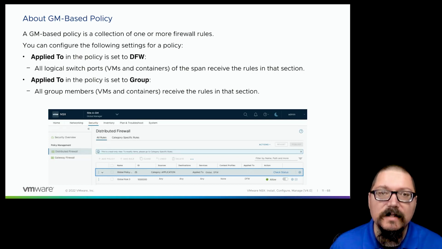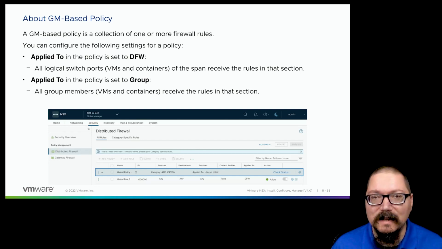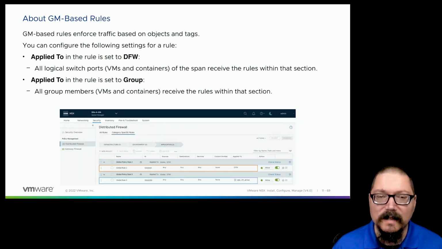So we want to use that capability because maybe not all of my policies and the rules therein are going to be relevant in all of my different locations. I'm going to use this as one more way to maintain and contain the scope of where my rules are realized.